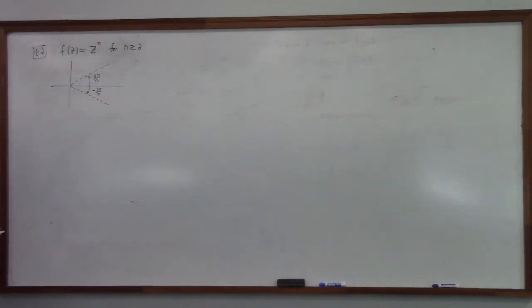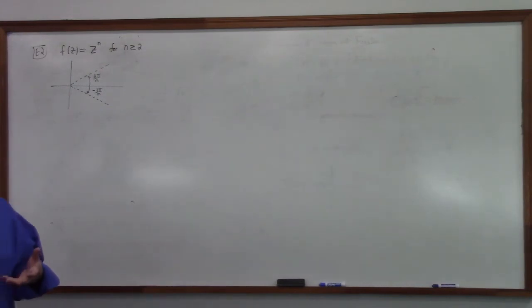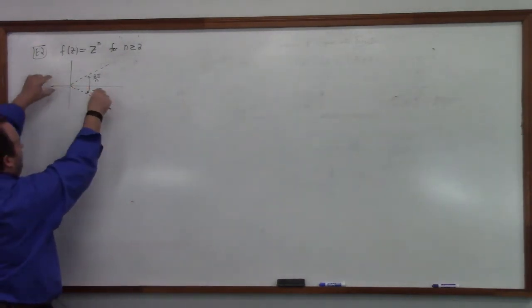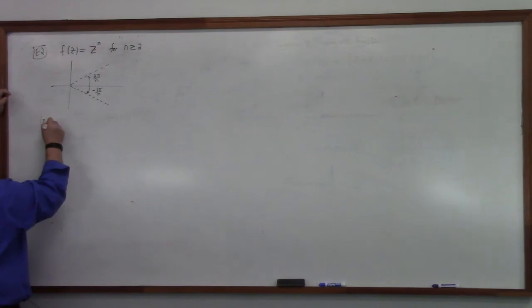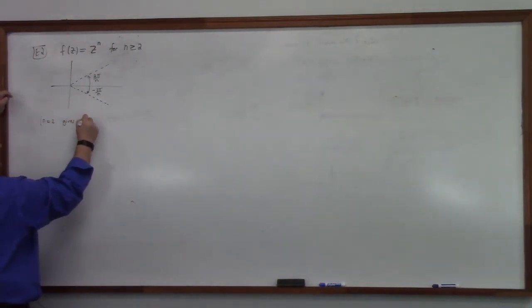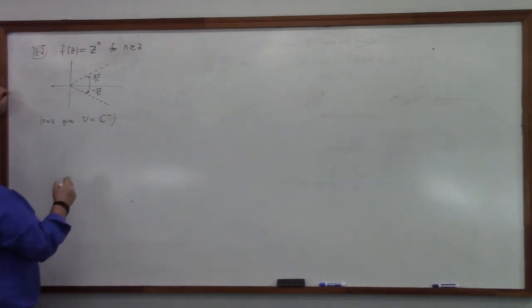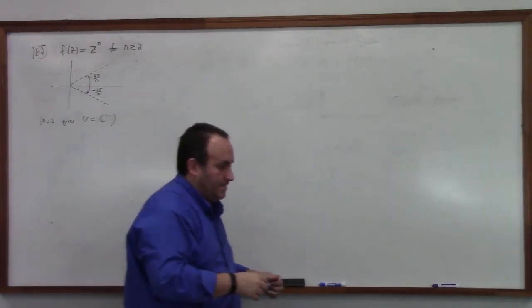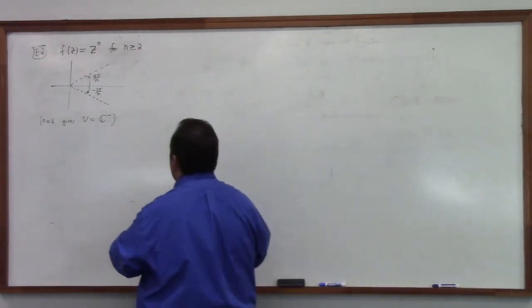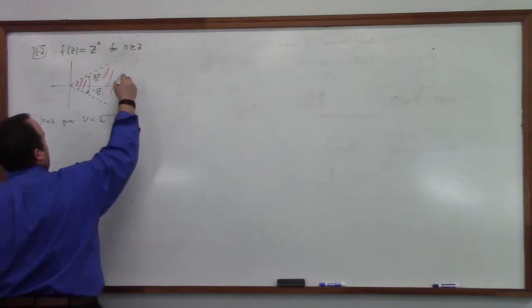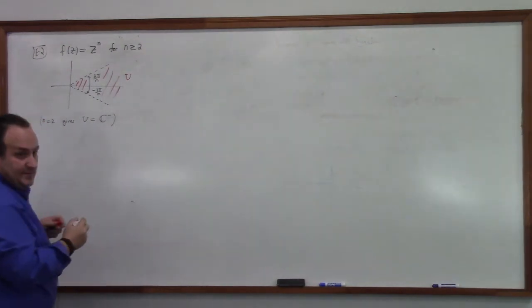So, for example, for n equals 2, in this setup, the domain of my nth power function would be the C minus, because 2 pi over n would just be pi, so n equals 2 gives U equal to C minus, okay? So let me do some shading here. I'm saying that this sector is U, okay?